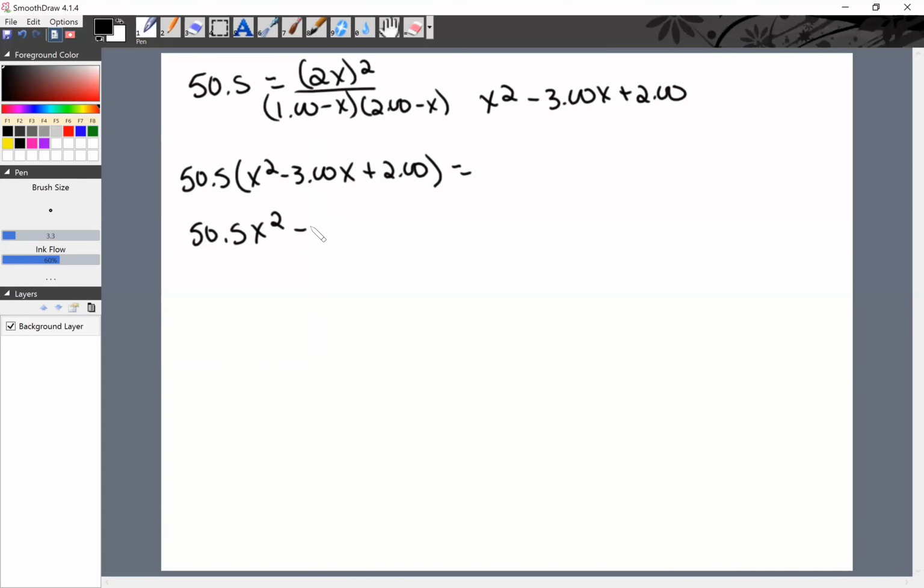You guys are probably going to zoom right to the end, and it'll seem like this calculation was so easy. All right, 50.5 times 3 is a negative 151.5x, and then 50.5 times 2 is 101.